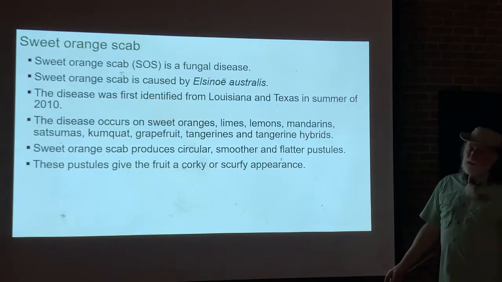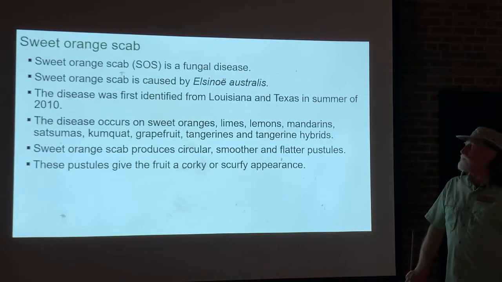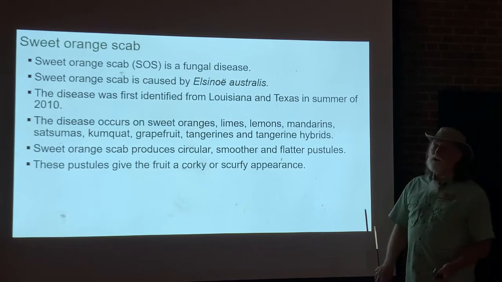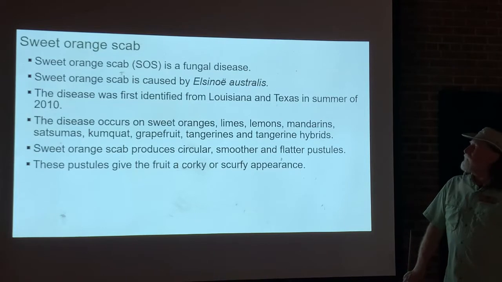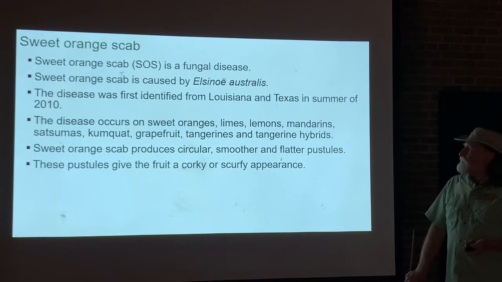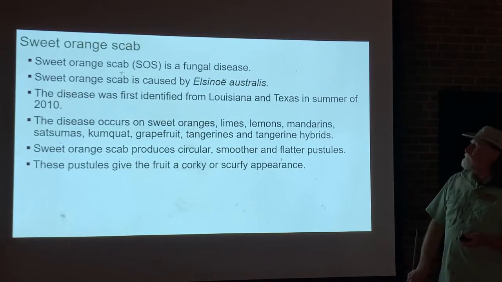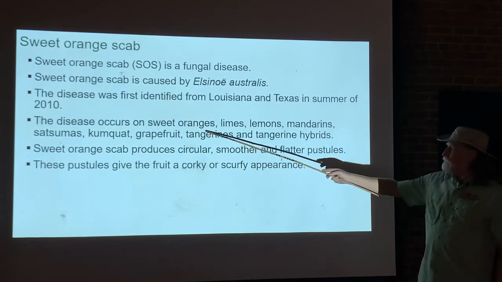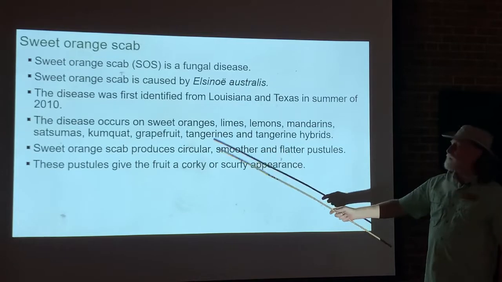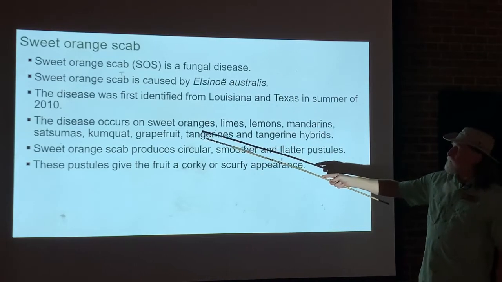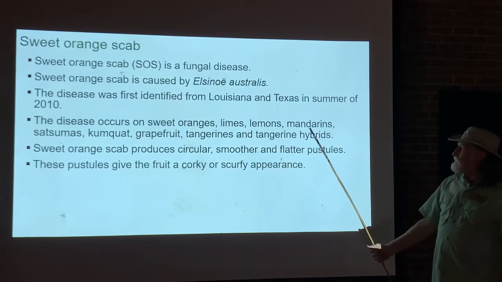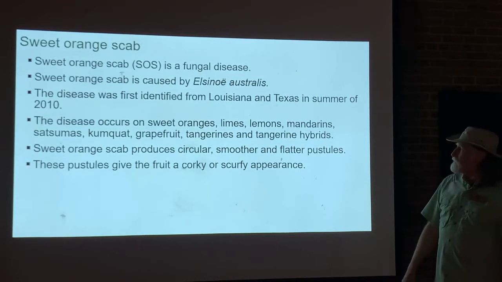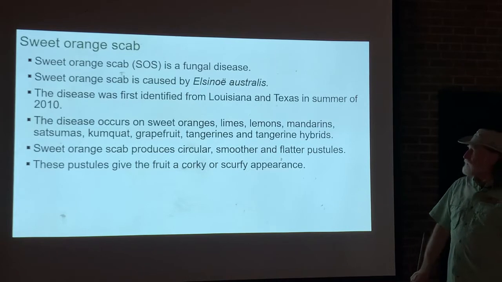Now the other scab disease is called sweet orange scab, and it's also a fungal disease. This one's caused by Elsinoë australis, and sweet orange scab is a disease that will infect sweet oranges. Now citrus scab, as you recall, doesn't usually infect the sweet orange or the lime, but sweet orange scab infects sweet oranges, limes, lemons, mandarins, satsumas, kumquat, grapefruit, tangerines, and tangerine hybrids.